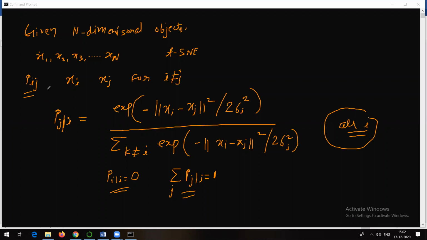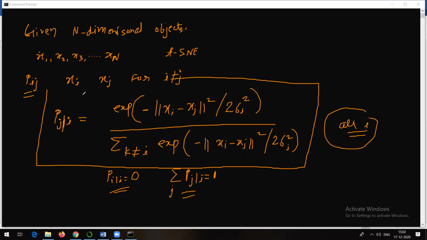Right, so see, this is the equation of probability which it is going to make use of to find out whether one point is similar to another point or not, or whether one point is near to another point or not.